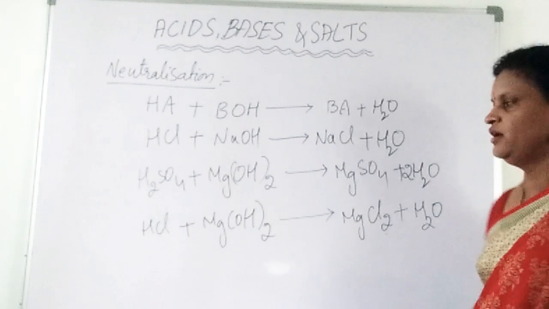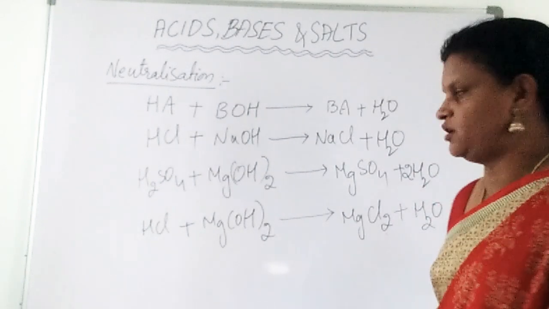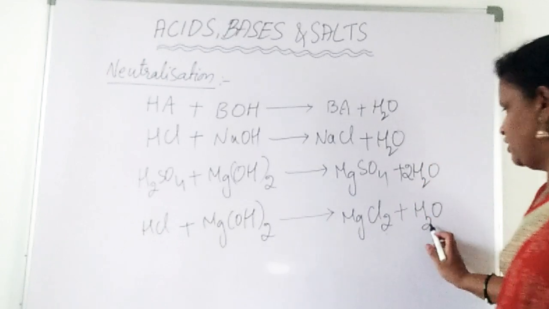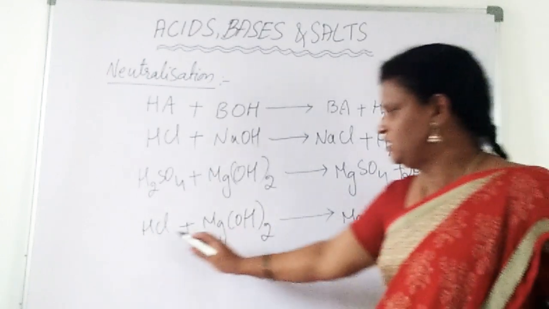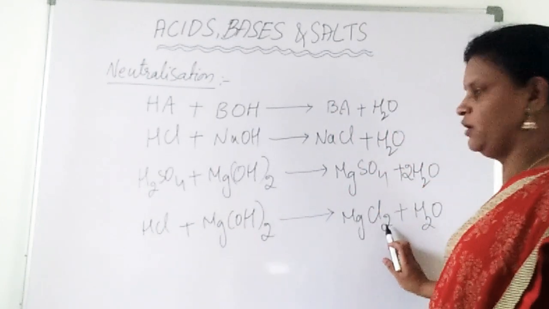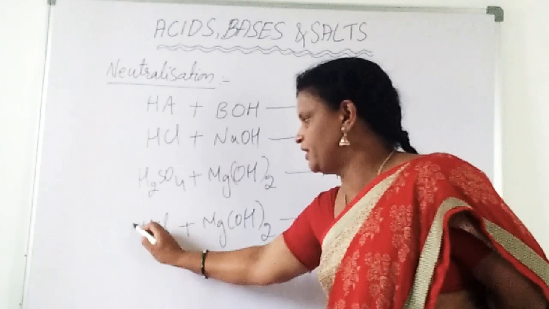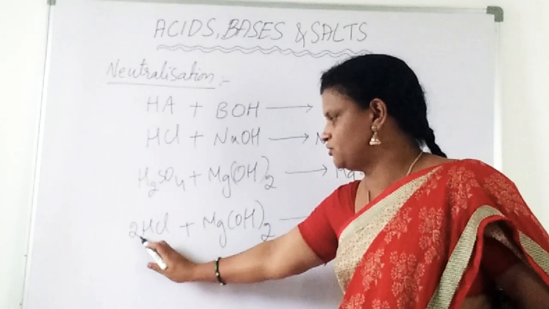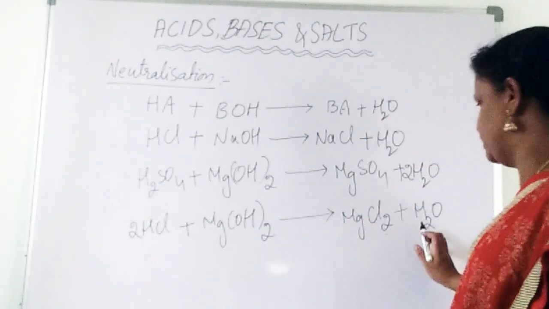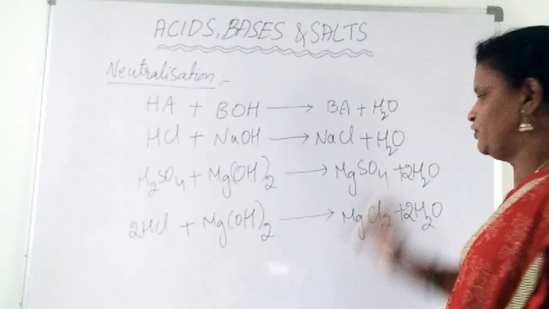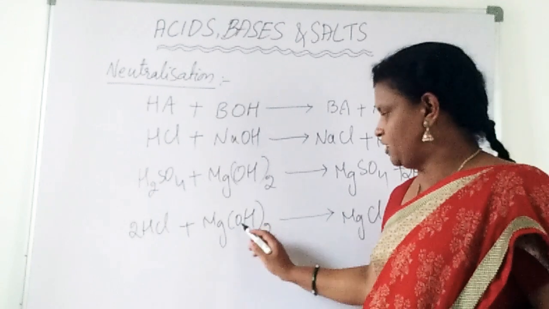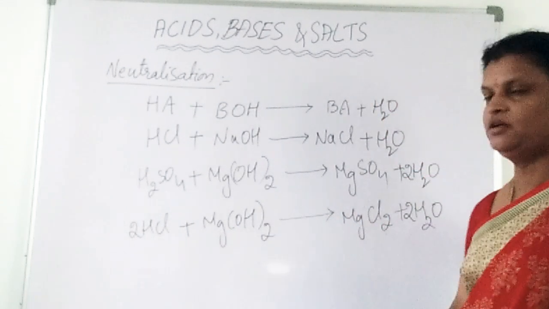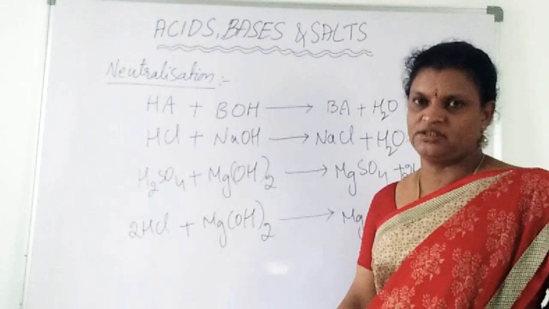Now we will check whether the equation is balanced or not. Here hydrogens 1 plus 2, total 3 are there, but here only 2. Next chlorine here only 1, here 2 are there. So what we will do, we'll write 2 before HCl. Then what will happen, here hydrogens 2 plus 2, 4 are there, here only 2. So we'll write 2 before H2O. Now once we check oxygens, here 2 are there, here 2. Magnesium only 1, here also 1. So thus the equation is balanced.